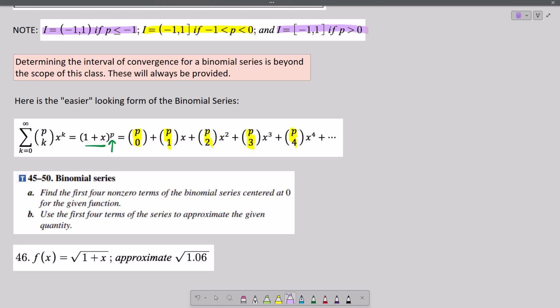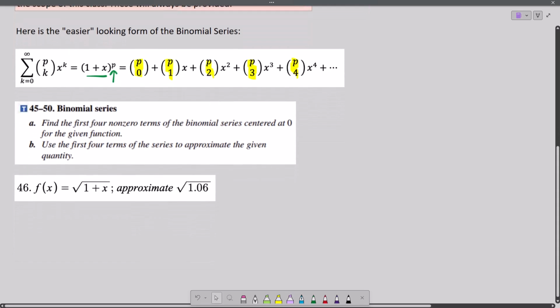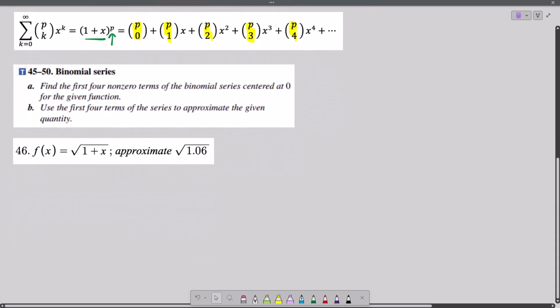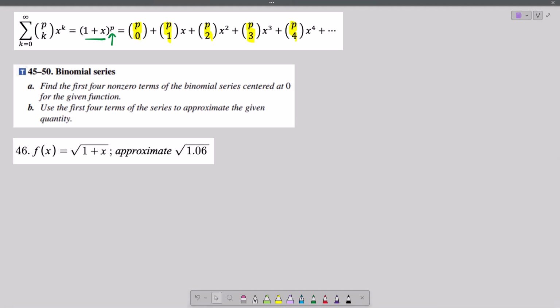What this allows us to do is look at some really funky functions. So we look at this function, square root of 1 plus x, and if I asked you to build the power series for it, or the Taylor series for it, you would say, oh gosh, I've got to start taking derivatives, right? Take 4 derivatives or whatever you need.